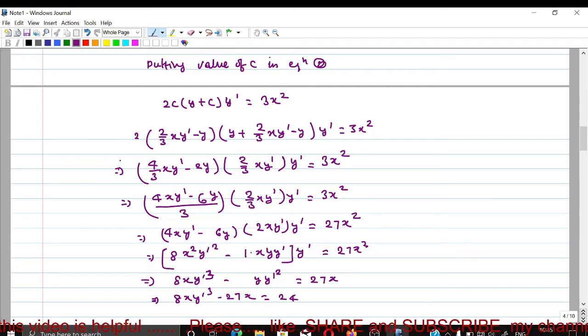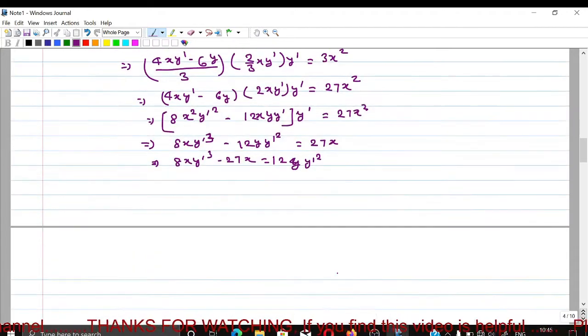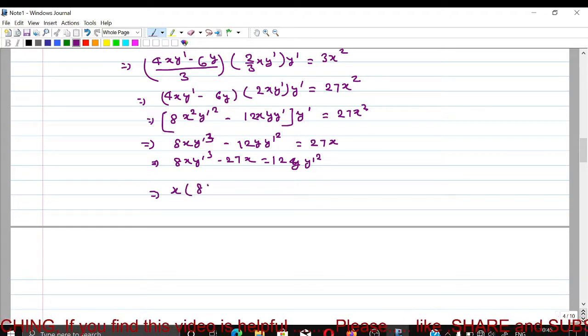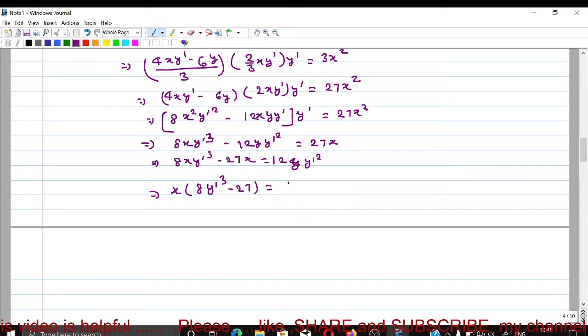12xy, here 12y into y dash square. Take x common: 8y cube minus 27 equal to 12y y dash square.